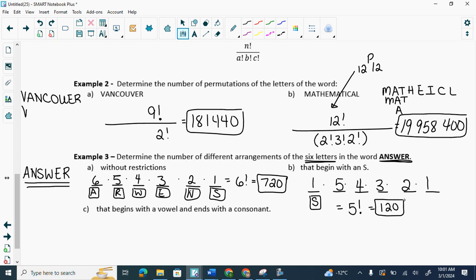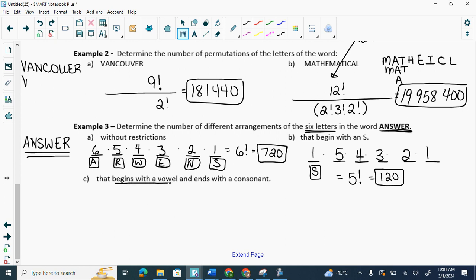Okay, the next one, it begins with a vowel, ends with a consonant. 1, 2, 3, 4, 5, 6. So let's begin with a vowel. I have A or E as my option, correct? So I have 2. Then I must box and hold 1. I'm going to pick the A because I don't know. I love E's equally. And then the back one can be N, S, W, or R because it has to end in a consonant, which is 4. Which one should I pick? N. So now the A and the N are gone.